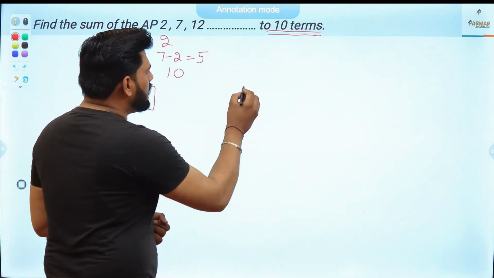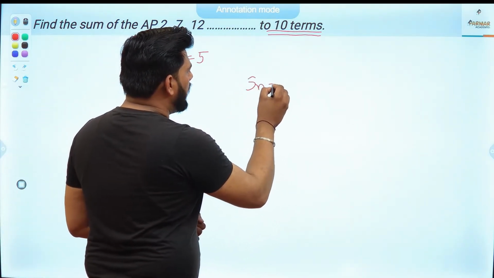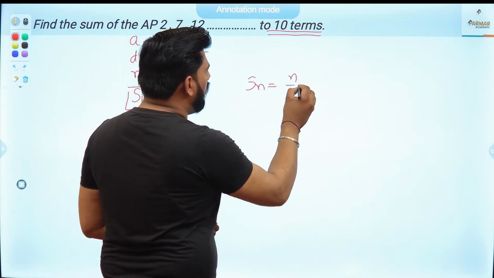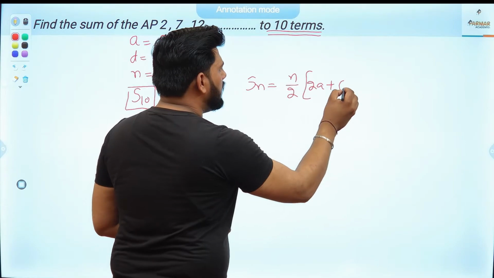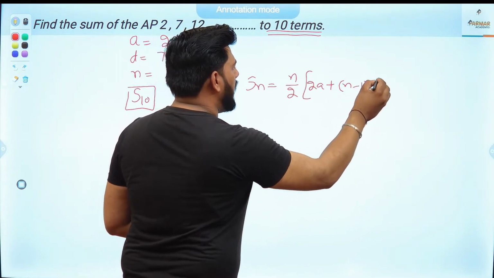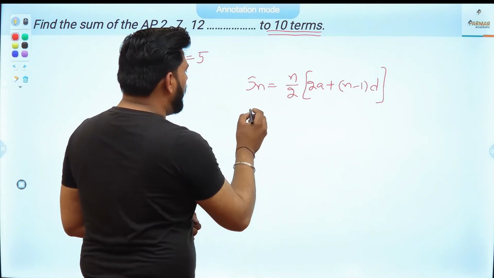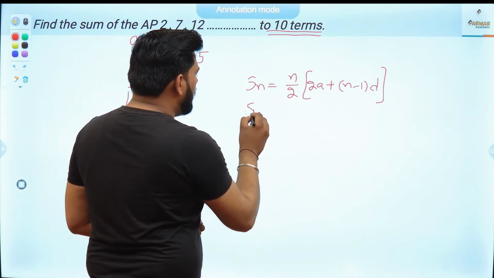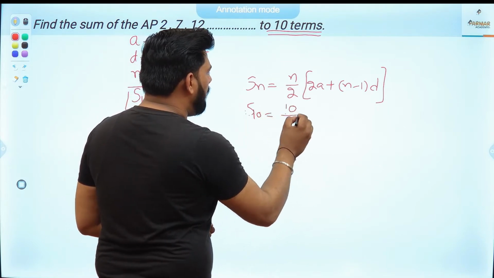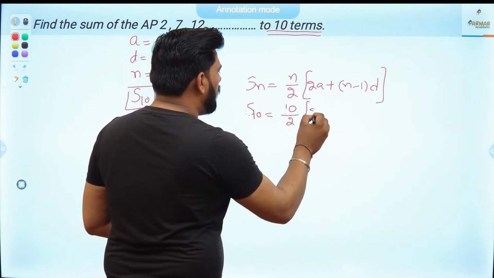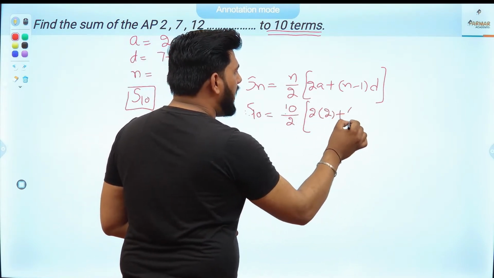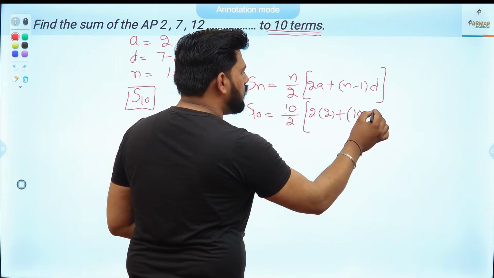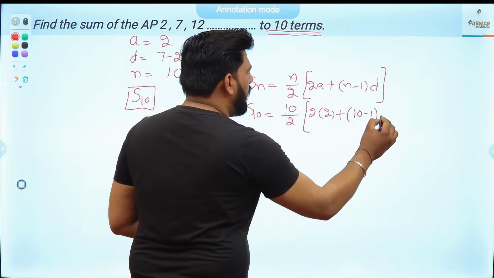Now we will use the formula, and we know that Sn is equal to n upon 2 times (2a plus (n minus 1) times d). Now substitute the values: S10 is equal to 10 upon 2 times (2a, that is 2 times 2, plus (n, that is 10, minus 1) times d, which is 5).